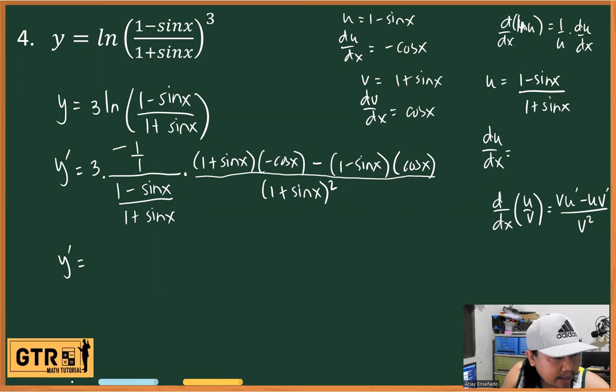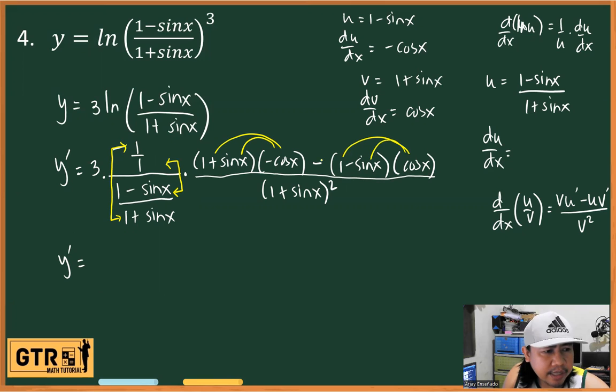Just multiply the top and the bottom, that is equal to the product of the two middle terms. So 3 will be multiplied in the numerator. Okay? And then just distribute this. Then distribute cosine x to 1 and negative sine x, and also distribute the negative sign.